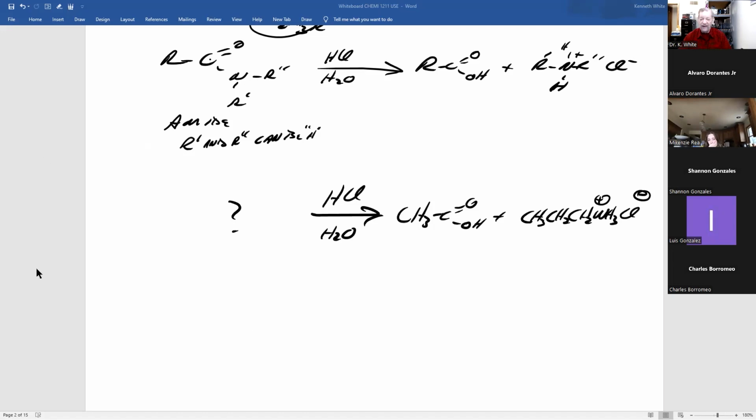All right, what do we have that's different in these products? Carbonyl, hydroxyl group on the carbon, carboxylic acid. Look for what's different, what's not carbon, what's not a nitrogen. And this is an amine salt.